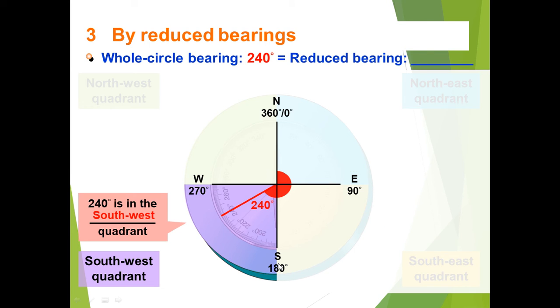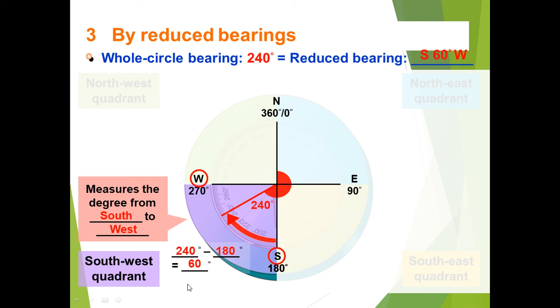And for the third quadrant, similarly, we also measure everything from the south side. For whole circle bearing, right now you can see it's 240 degrees. But we also have to use this number and minus 180 degrees. So finally, we can get the answer, which is 60 degrees.